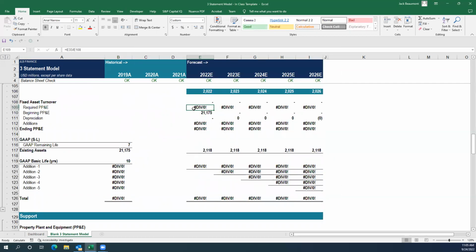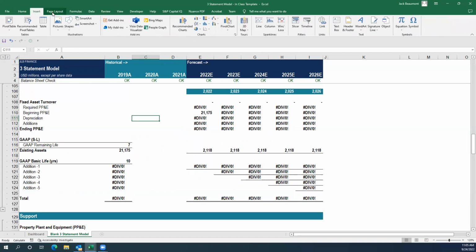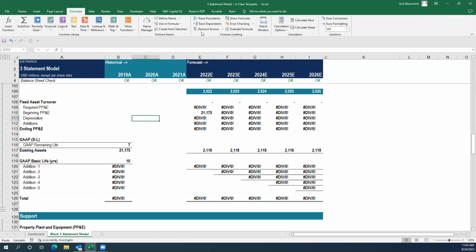Okay. And then it might not still work, and so sometimes you have to press Enter on some of these. Okay. Or you go to Data. Sometimes you have to refresh formulas.